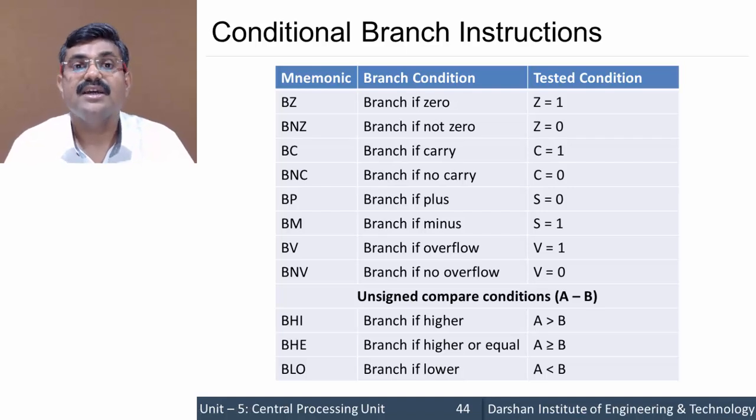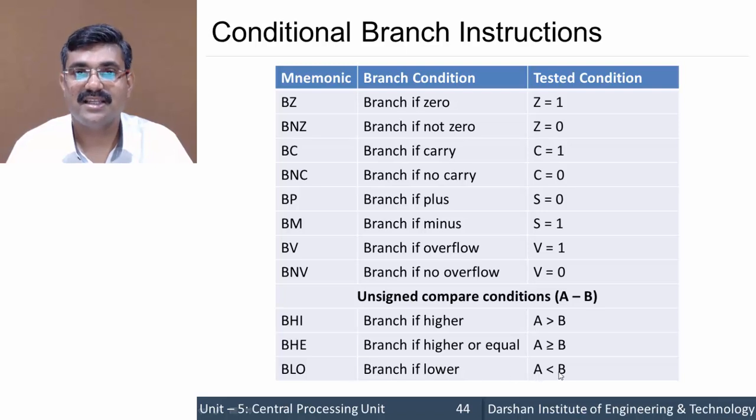But we also have certain unsigned comparison instructions, like BHI, branch if higher. That means if we have 2 operands A and B, then if A is higher than B, then branch, otherwise not. Same way branch if higher or equal, then branch if lower or equal, then branch if lower.